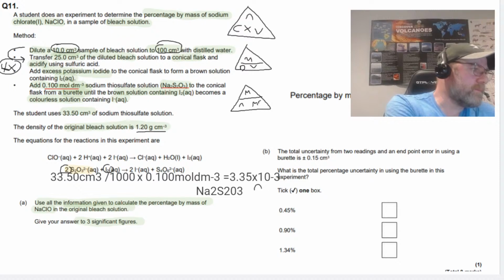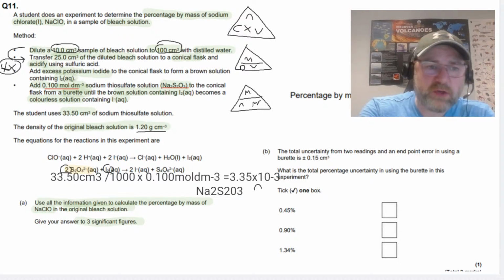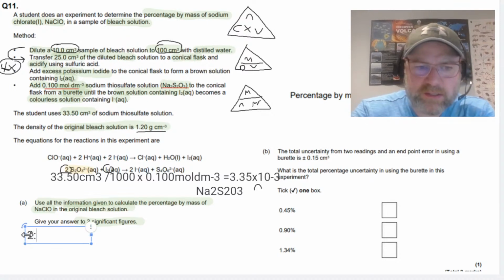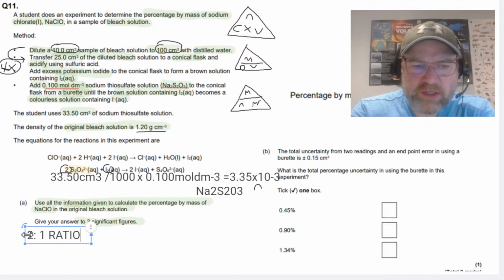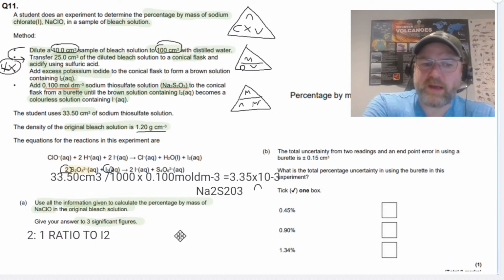So we can now work out the 2-to-1 ratio. You might even get a mark for saying there's a 2-to-1 ratio to I2, iodine. So we can work out how much iodine we had.